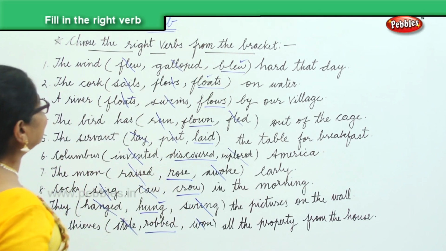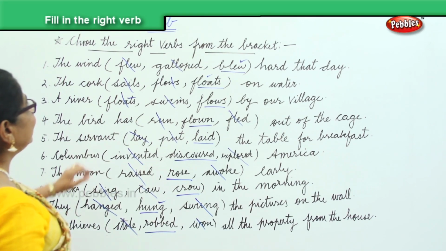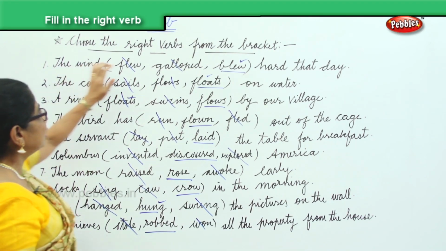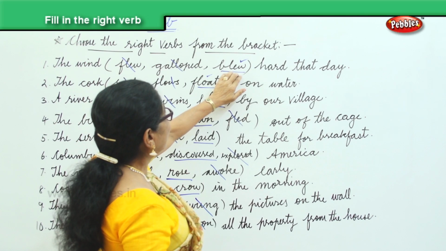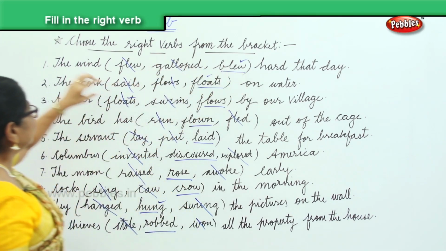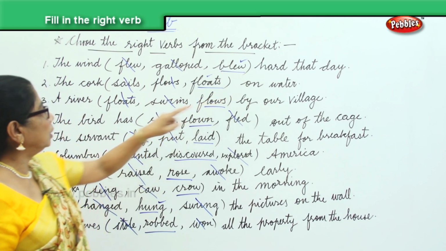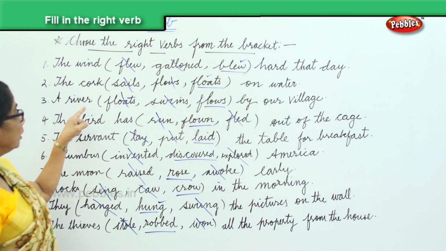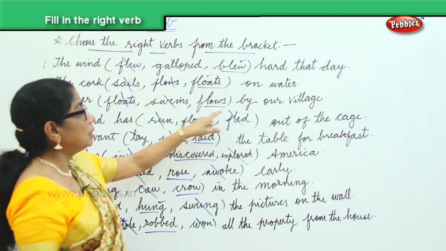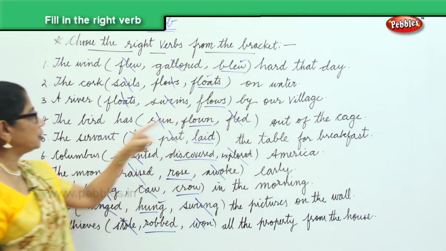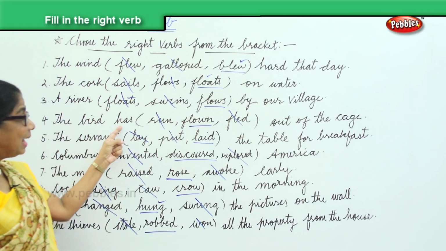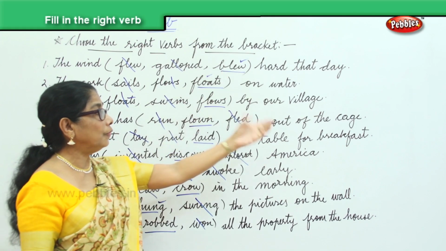Now let's look at it again correctly, leaving out the wrong words. The wind blew hard that day. The cock floats on water. A river flows by our village. The bird has flown out of the cage.